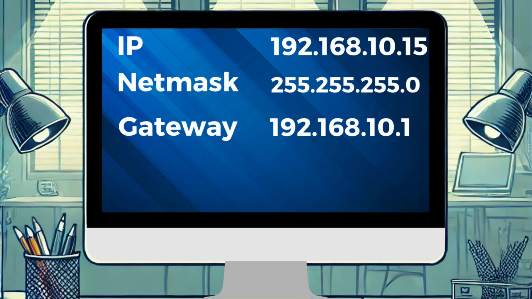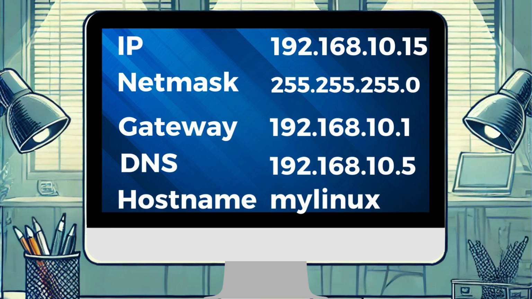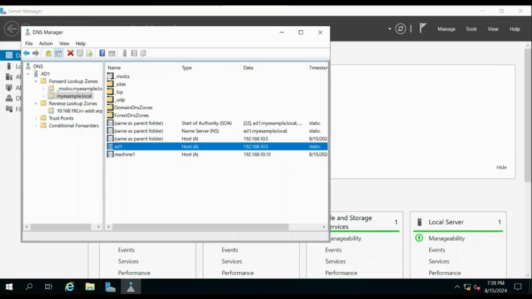Last time we saw how to set the IP address in a Linux environment. Now we will first set the DNS entries for the host name, mylinux, and IP address 192.168.10.15 in Active Directory for the Linux VM. After that, we will configure the DNS and host name on the Linux system. Let's get started.